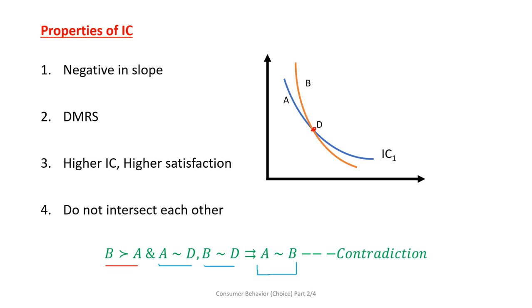So, intersecting ICs will lead to contradictions. Therefore, we say that ICs do not intersect each other.